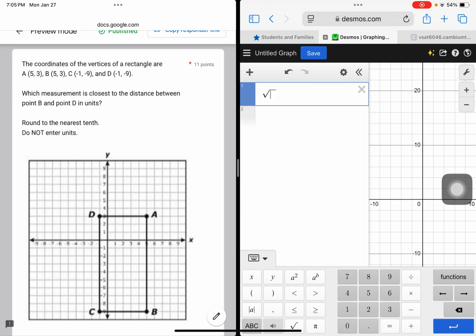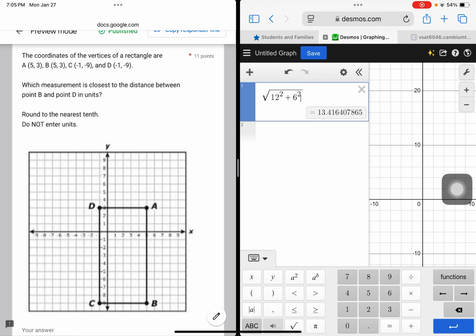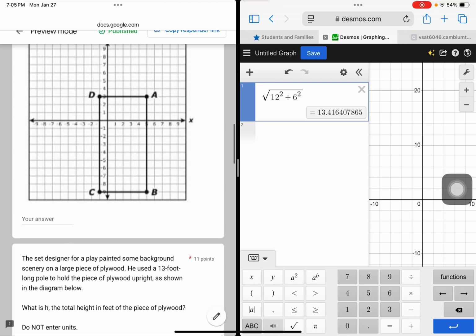You just do square root, and then we had 12 squared plus 6 squared. You use the A squared button for both of them, even though one of them is b squared, because A is just a variable. So 12 goes in the A and 6 goes in the A. You can also do shift 6 to do an exponent and then type a 2.